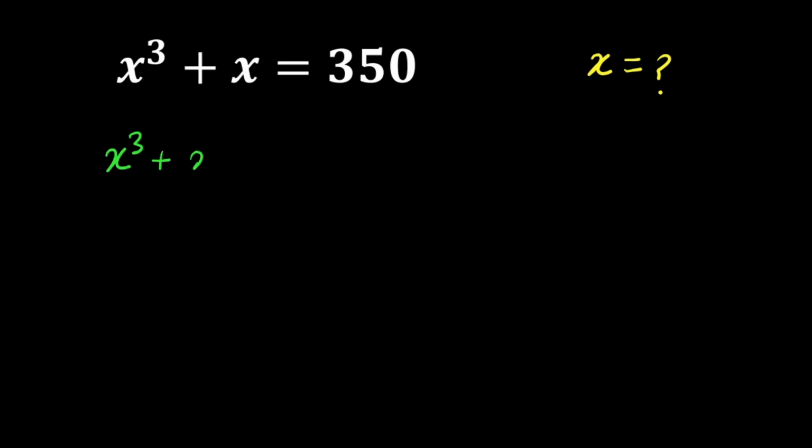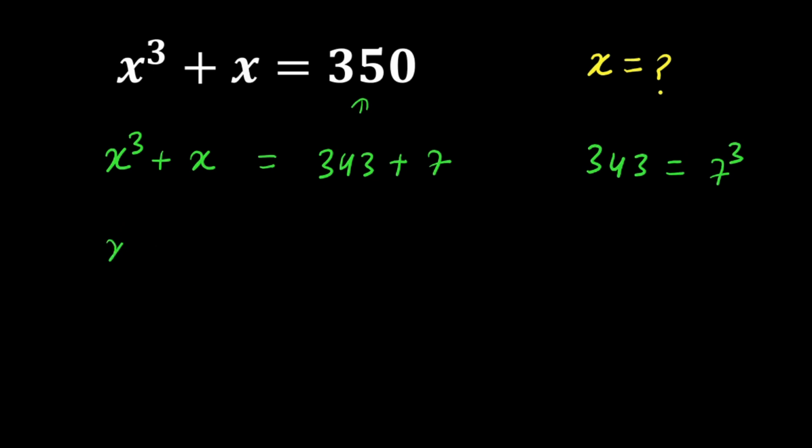plus x, and this is equals to, we have here x cube and here x. So this 350 can be written as 343 plus 7, because we know that 343 is equals to 7 power 3.